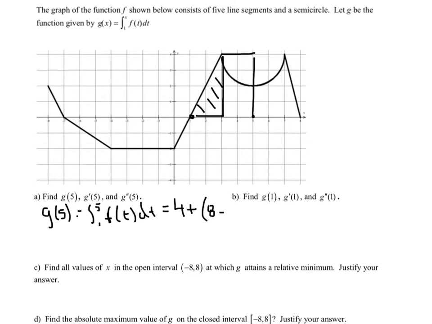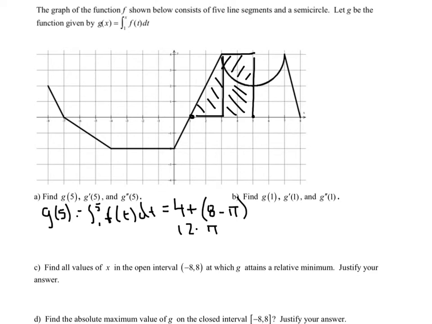Then I'm going to subtract the quarter circle away from it, so that'll leave me with the space underneath the curve. The quarter circle looks like it's got a radius of 2, so 1/4 pi r squared looks like it's just going to be pi. So 4 plus 8 is 12. I'm thinking 12 minus pi is the g of 5 value.